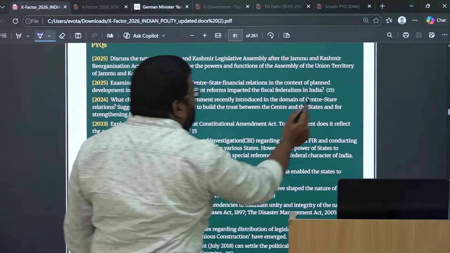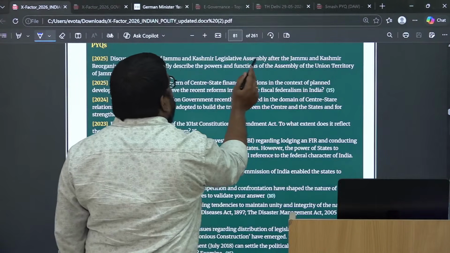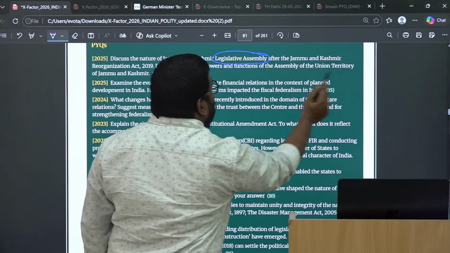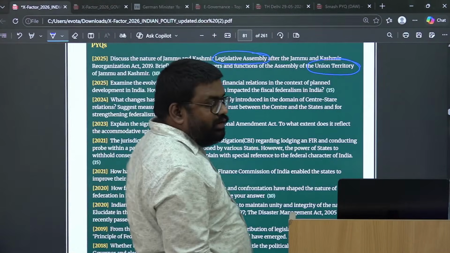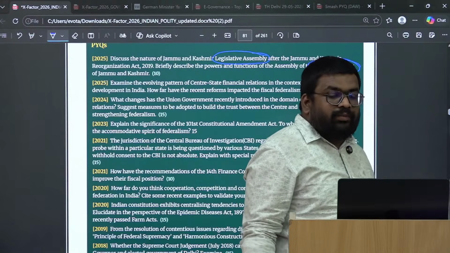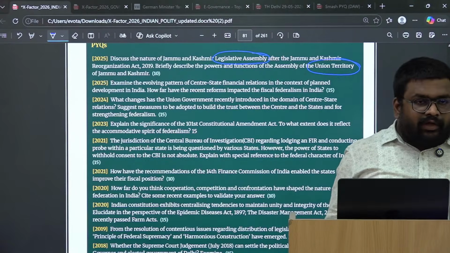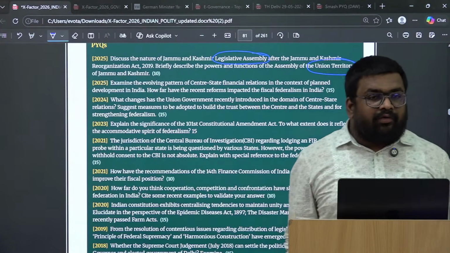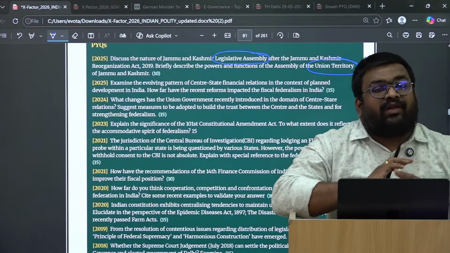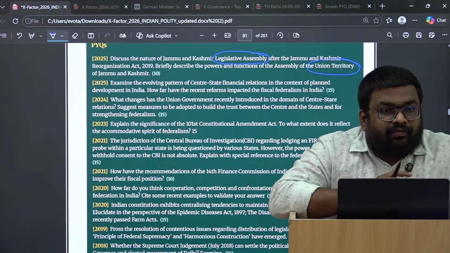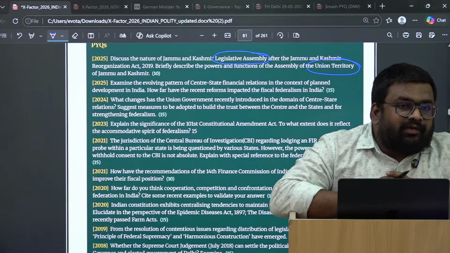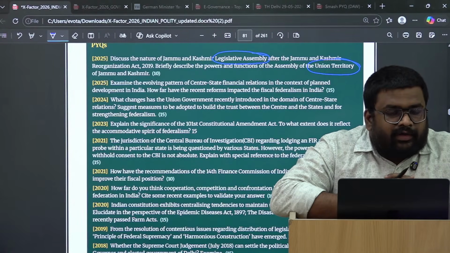तो basically उन्होंने क्या पूछा है? एक Jammu Kashmir Legislative Assembly, and second with respect to the powers and functions of the Union Territory of Jammu and Kashmir. Okay, so this is the question. Now first you revise your static. What are the powers and functions of the Legislative Assemblies of Union Territories, right?